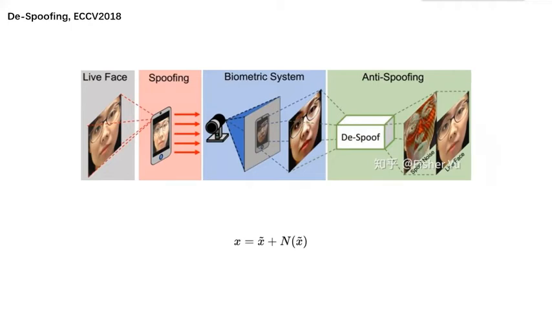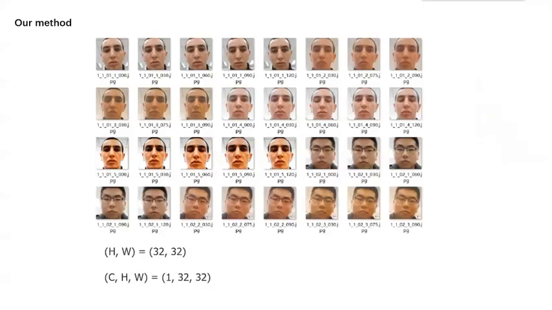And next, I will introduce my algorithm. In the original implementation, all features are first interpolated to the size of CHW equal to 32x32 after concatenation, and then sent to a convolution and a ReLU layer to predict depth, whose size is CHW equal to 1x32x32.